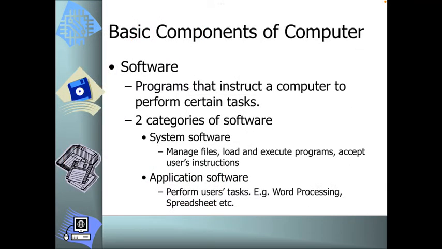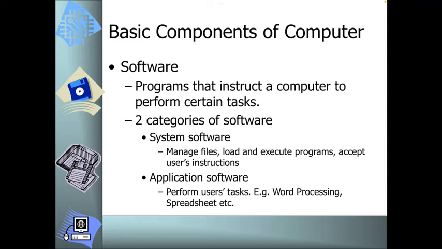So we finish with the hardware as our first component of computers. Then we have the second component, which is called software. What is software? Software is programs that instruct a computer to perform certain tasks.